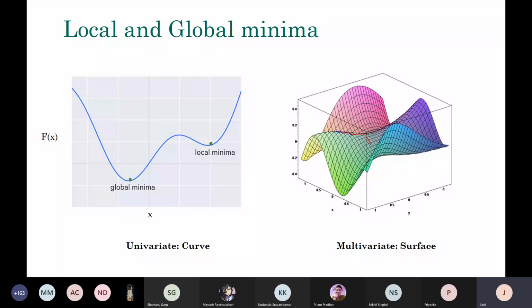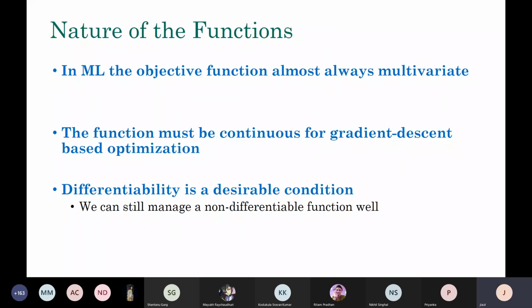But in principle, more or less we will use the gradient information to figure out in which direction we should move. So the nature of the functions that we will be dealing with in most of machine learning is multivariate functions. So there are multiple variables.